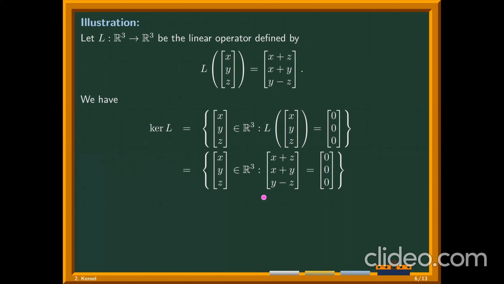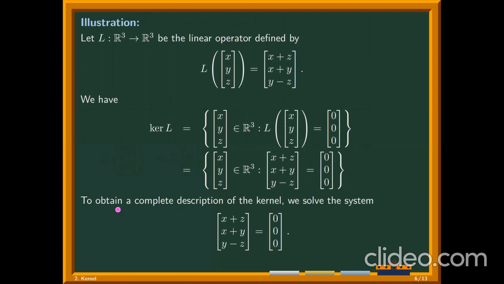So you can see here that the elements of the kernel are the vectors in the solution space of this homogeneous linear system. So we solve this homogeneous linear system to obtain a complete description of the kernel.